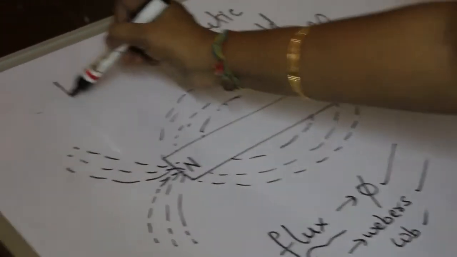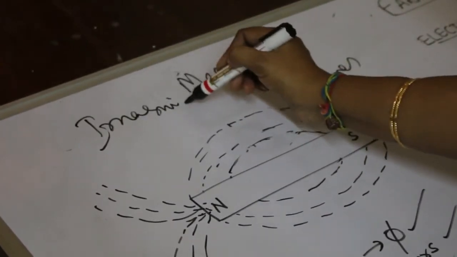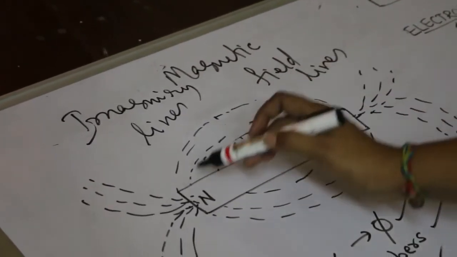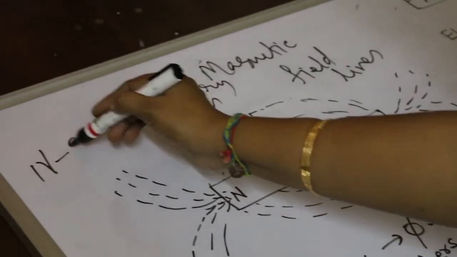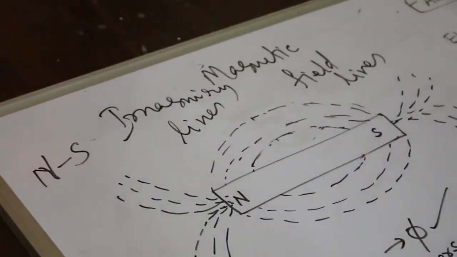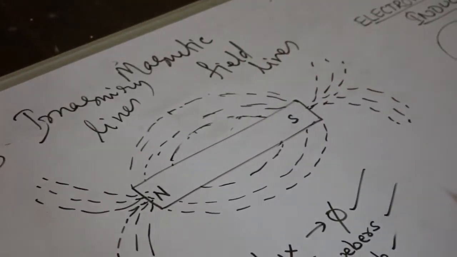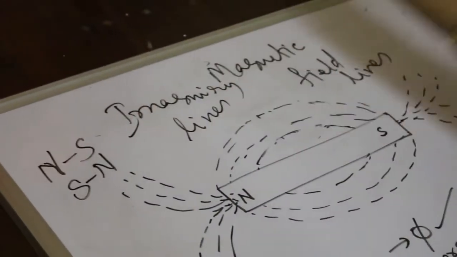First of all, these are imaginary lines. Magnetic field lines are imaginary lines around the magnet. They will be starting from north pole to south pole outside the magnet. And inside the magnet, we can't see actually, but the direction is from south to north.